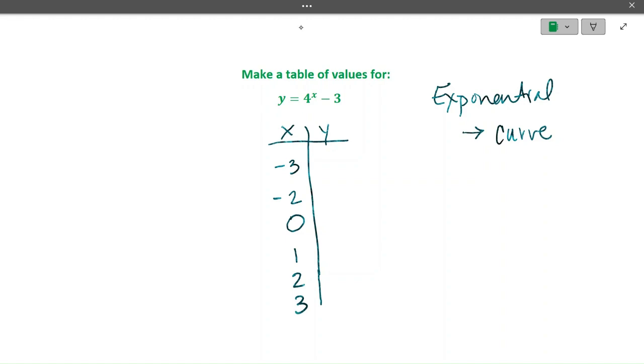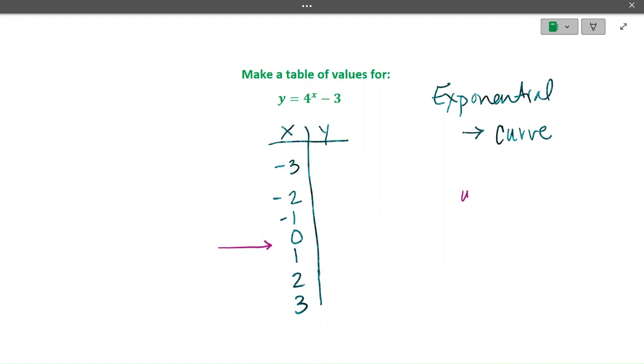I'm actually going to pull out 7 values so we get a solid look at how this curve is progressing. I always like to start with my 0 value because I feel like that's easiest.